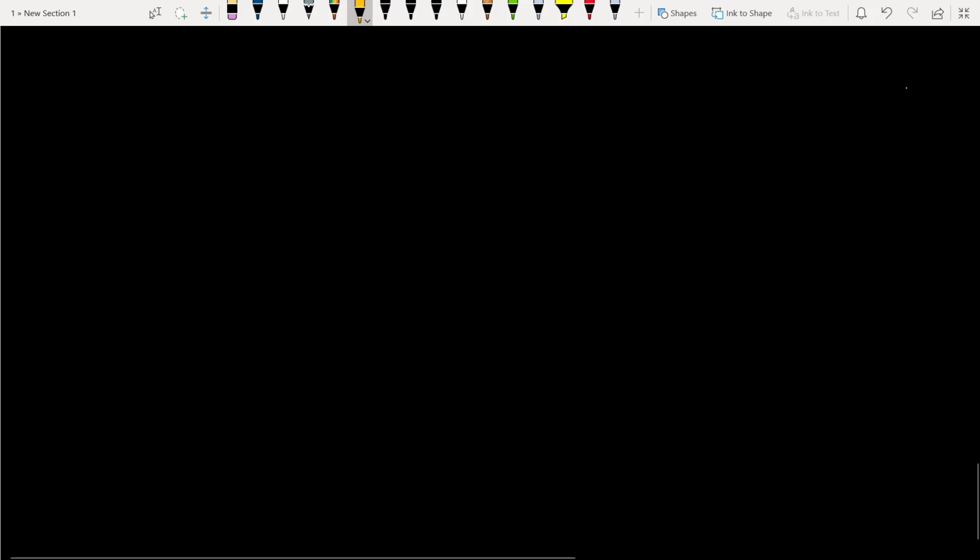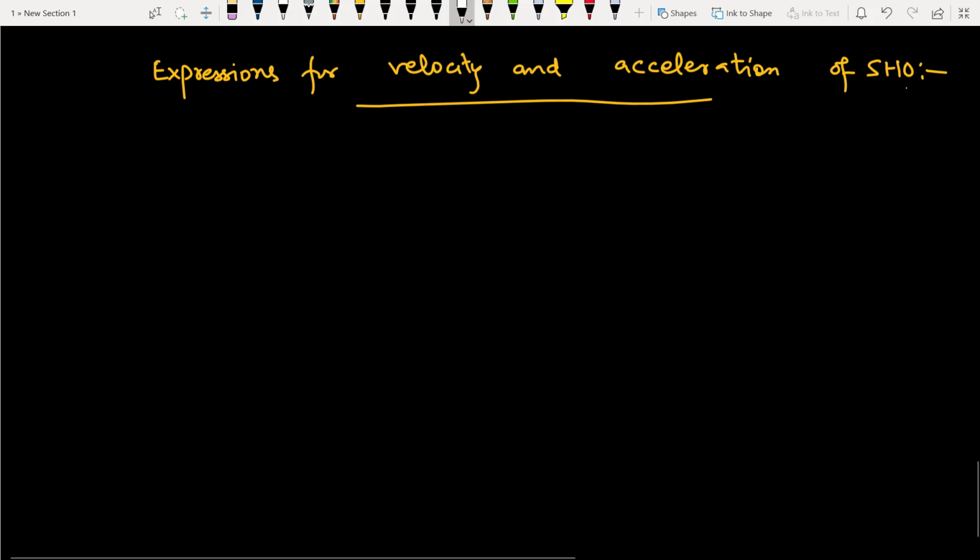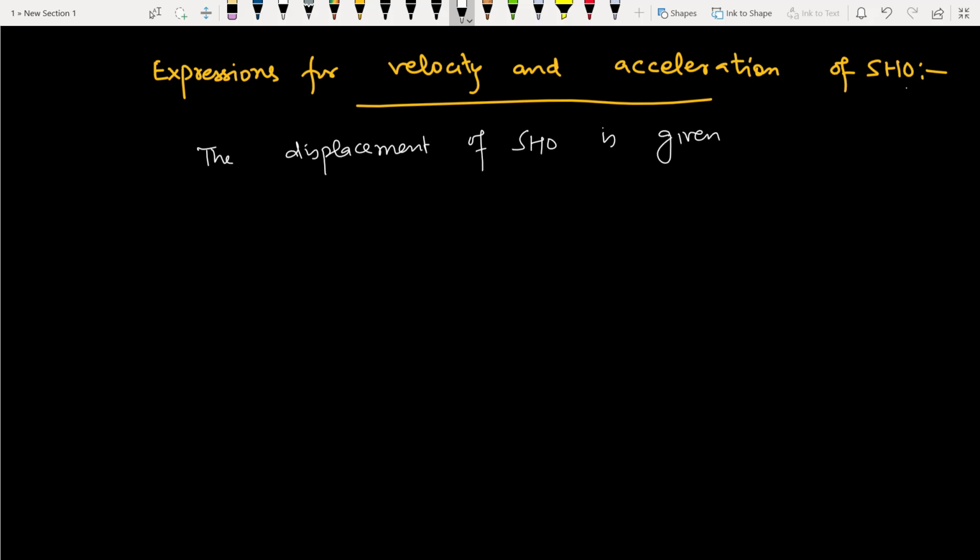Next part is expressions for velocity and acceleration of SHO. The displacement of the SHO is given by x is equal to a sin(omega t plus phi).